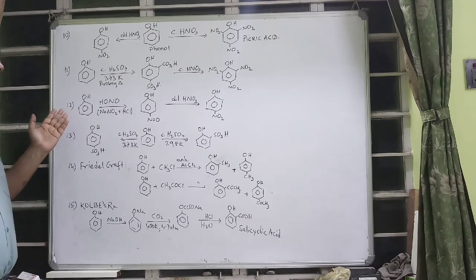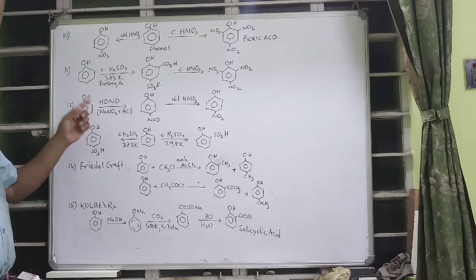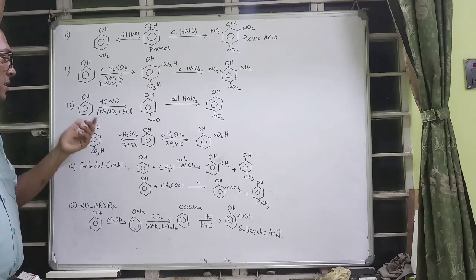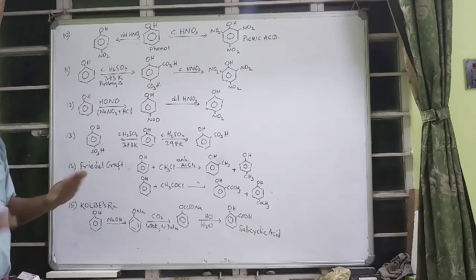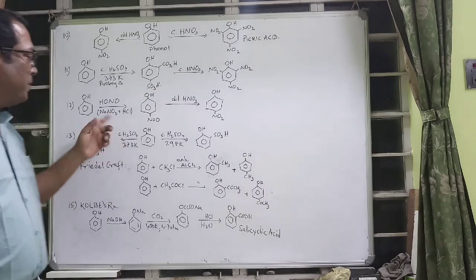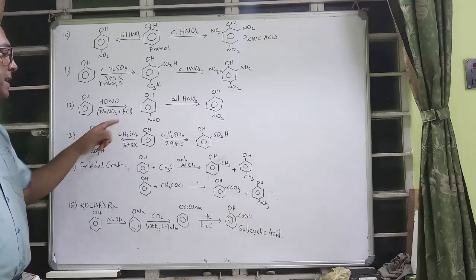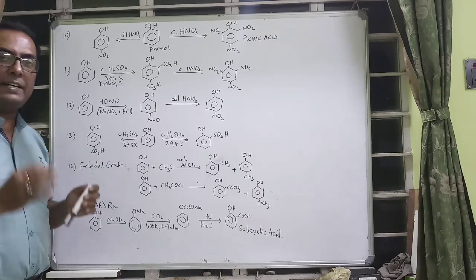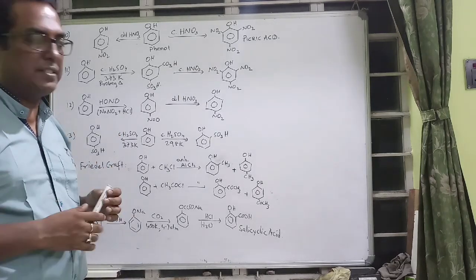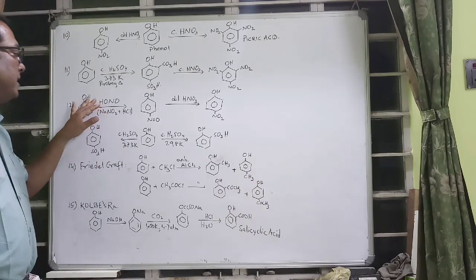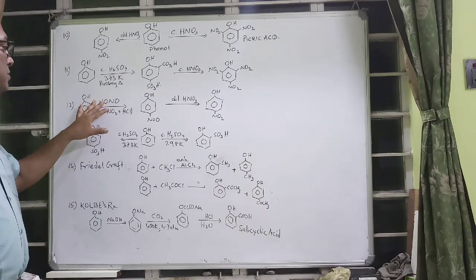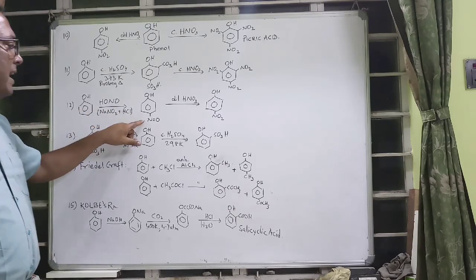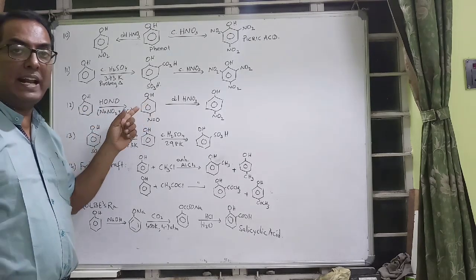On point number 12, we have something different, that is, we are using nitrous acid. How are we going to make nitrous acid? We cannot get it in the market, so we treat with NaNO2 and HCl. When sodium nitrite is treated with HCl at a temperature between 0 to 5 degrees centigrade, you get your HNO2, and this HNO2 reacts with phenol to form para-nitrosophenol.